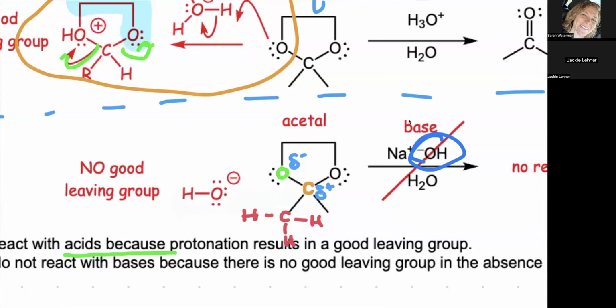Do you remember this? We have this little dipole. Is there any dipole on this methyl? No, not really. We consider carbon and hydrogen to have the same electronegativity, so there's no dipole. So there's nowhere for this to react. Also, first of all, it's not even a dipole, it's a formal negative charge.